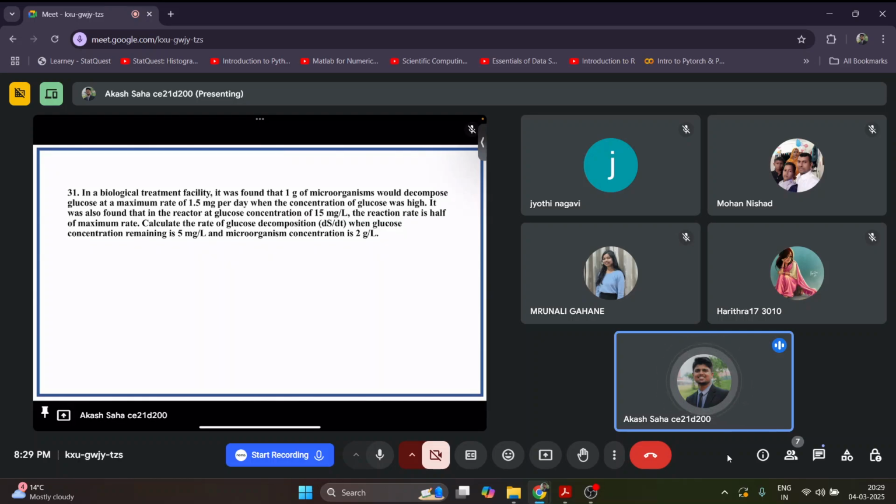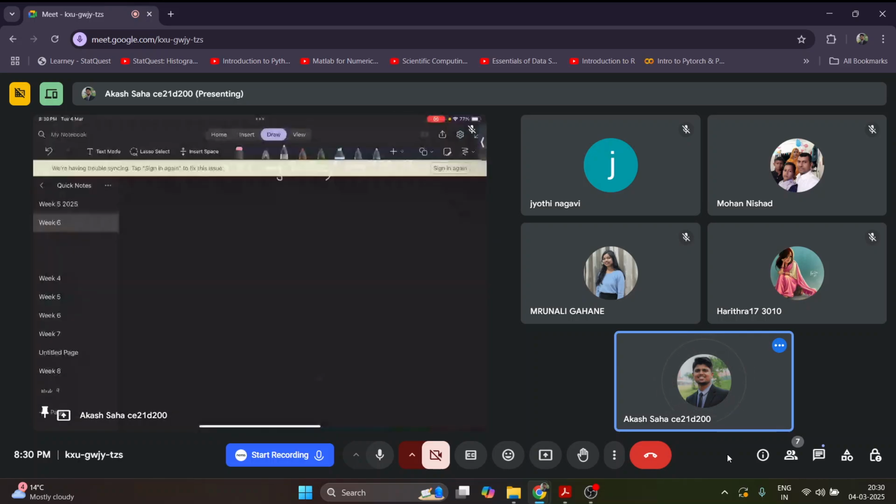Now you have to calculate the rate of glucose decomposition, that is dS by dt, when glucose remaining is 5 milligram per liter, that is nothing but the S, and microbial concentration is 2 gram per liter, that is nothing but the X. So all these parameters are given. So just you have to put it in the equation. So question number 31.